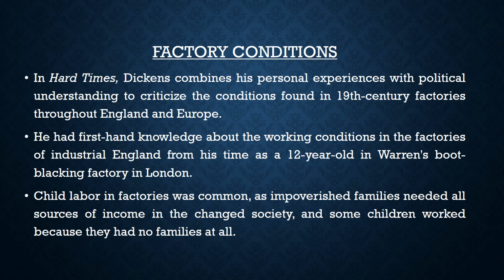And there were also children who worked because they were orphans and had no families at all to take care of them. These were the conditions that prevailed in the 19th century factories.